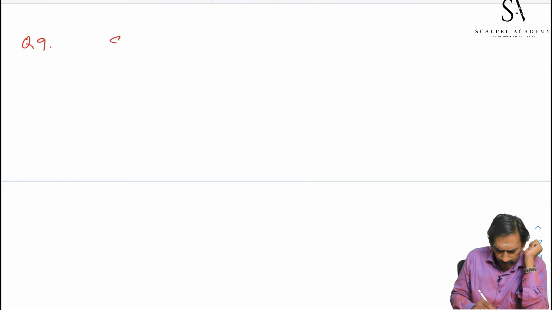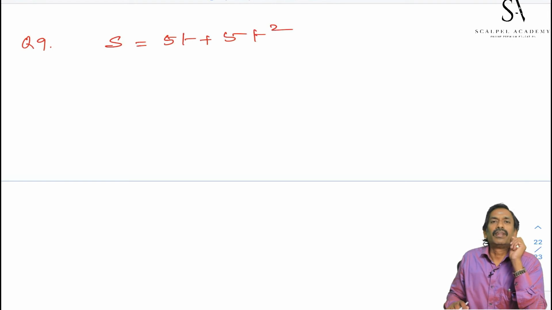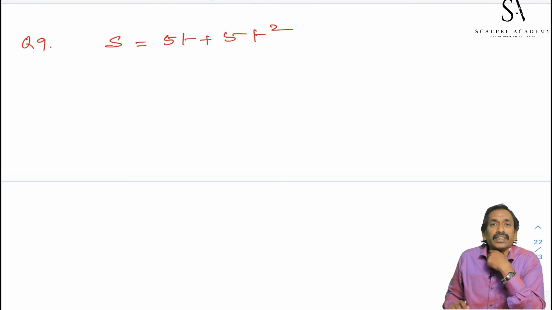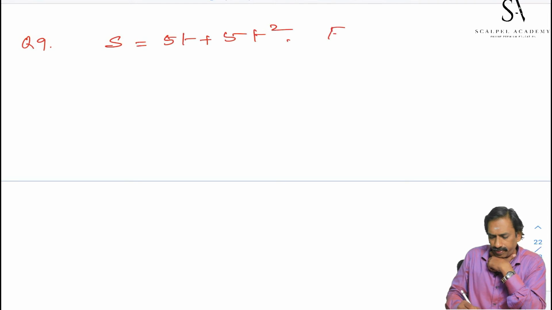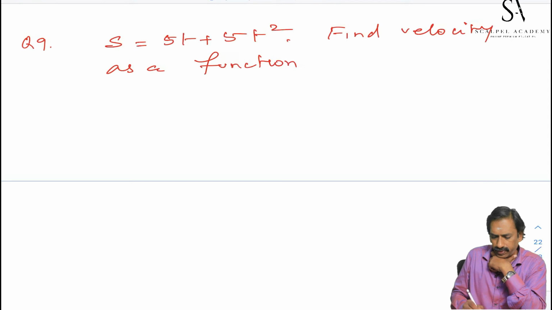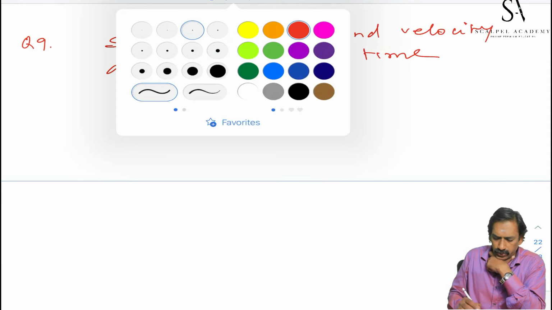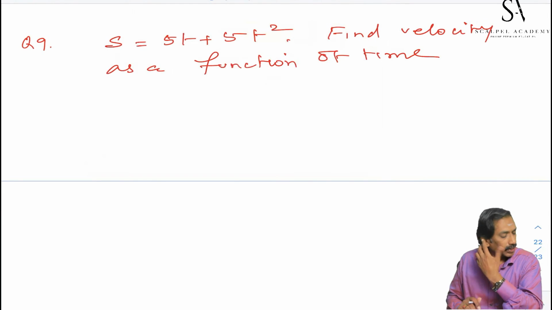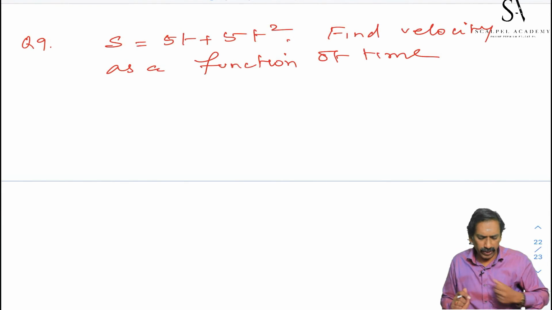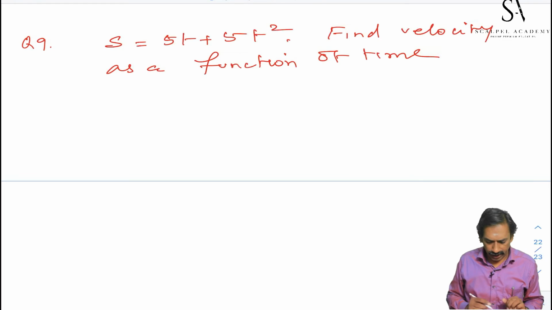Displacement of a particle is given as 5t plus 5t square. Find velocity as a function of time. Students, there are two different methods. S is equal to ut plus half at square format.